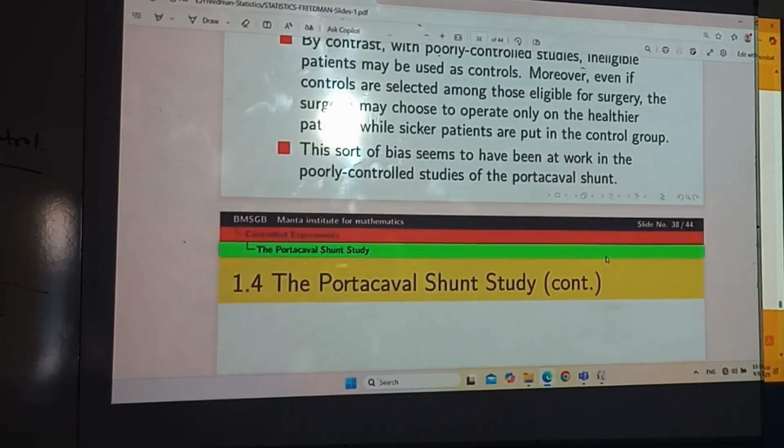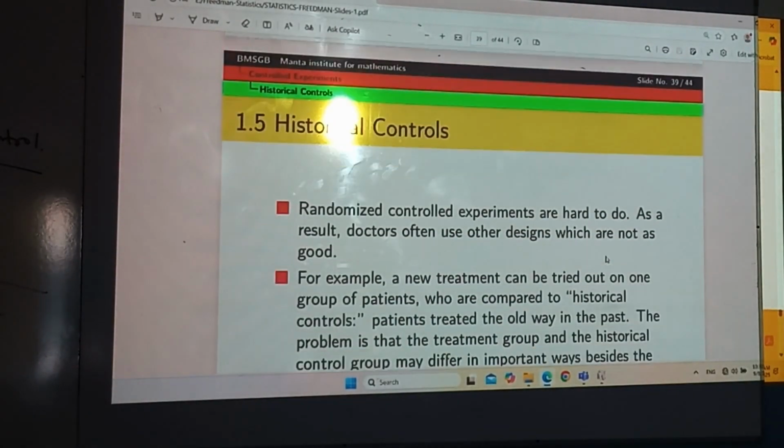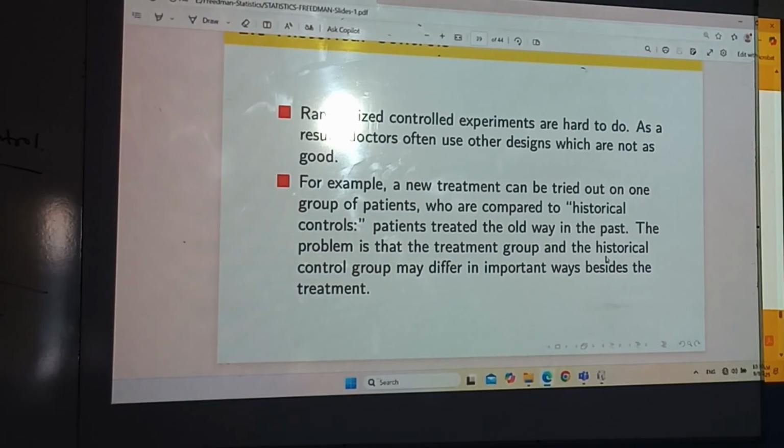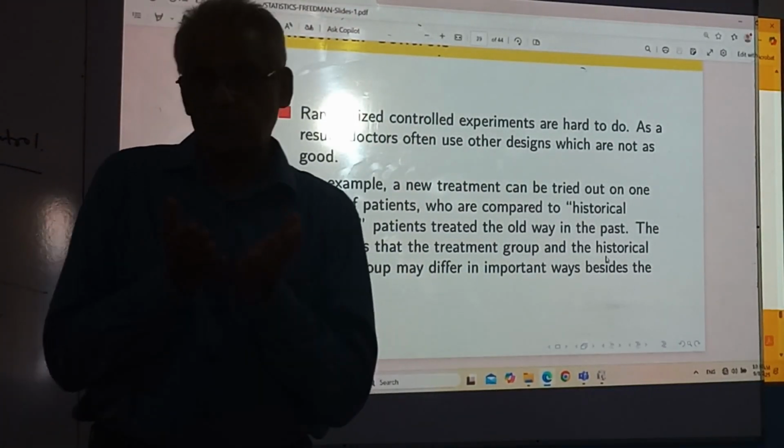Okay, so that is that. And then finally, as I mentioned earlier, it's not always easy to do randomized controlled experiments. Right? In a randomized controlled experiment, what is the most important thing?